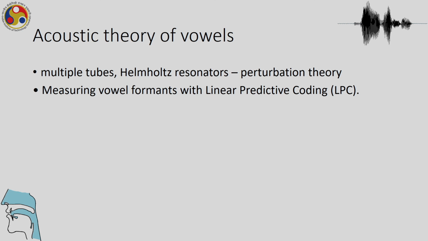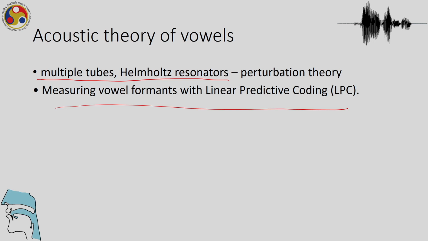We assume multiple tubes, Helmholtz resonators, and perturbation theory, etc. And apart from that, measuring vowel formants with linear predictive coding. So multiple tubes and Helmholtz resonators are something which we will talk about now, and measuring vowel formants with linear predictive coding is not a part of this lecture.